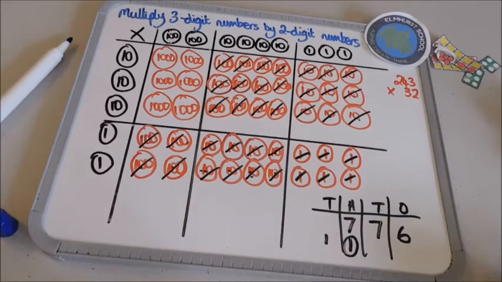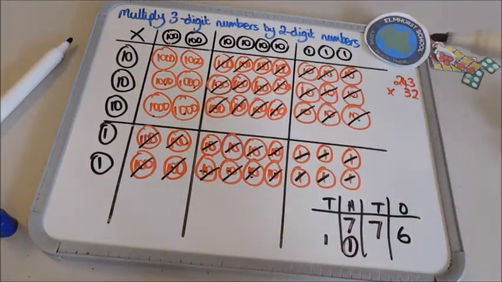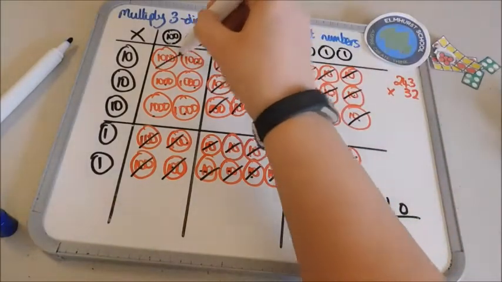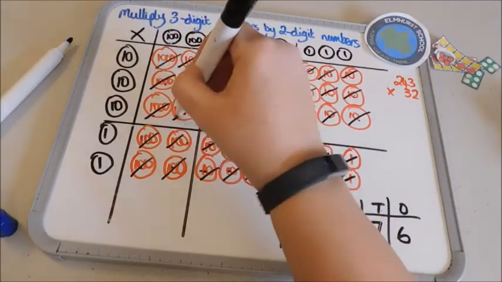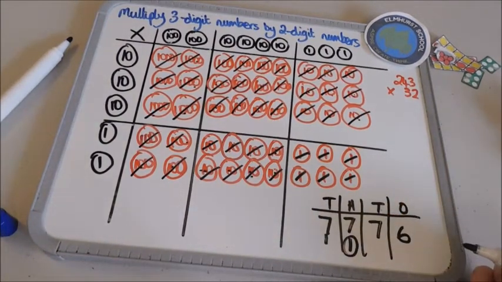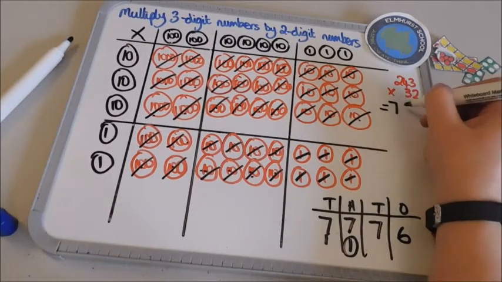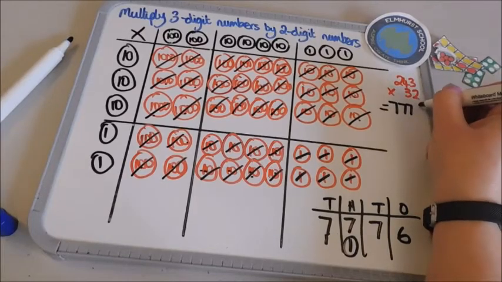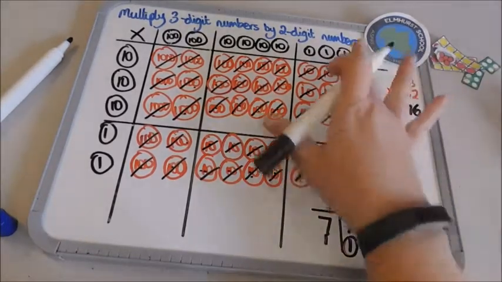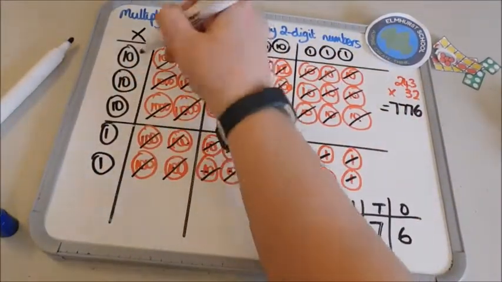Now how many thousands have I got? 6 thousands, plus 1 is 7. So my answer to the calculation is 7,776.